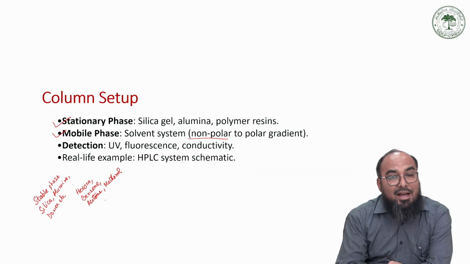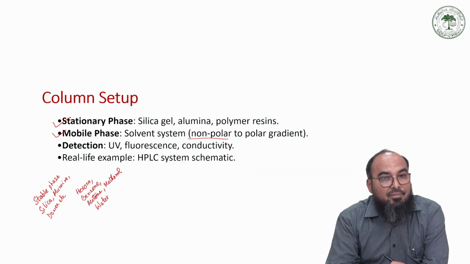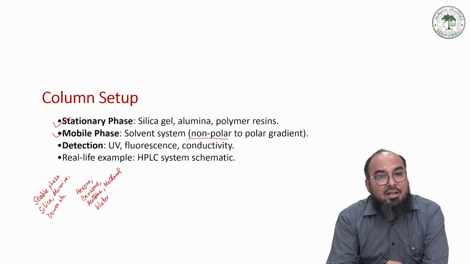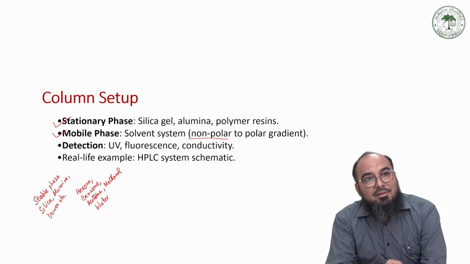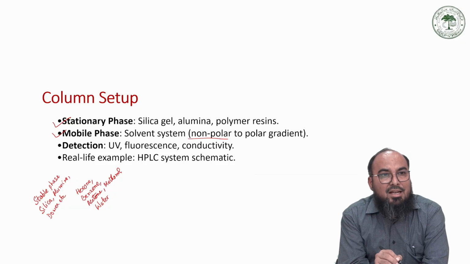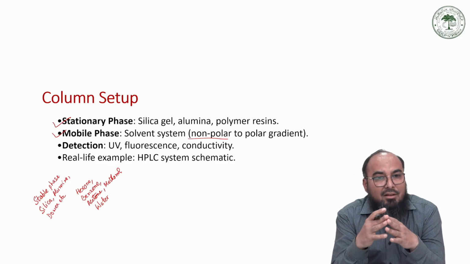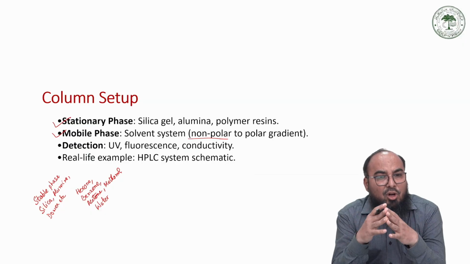And finally, we end up on water, which has the highest polarity among the common solvents. So we have to develop a non-polar versus polar gradient in the mobile phase. The stationary phase and mobile phase are chosen with regard to their interaction with the solute molecules.